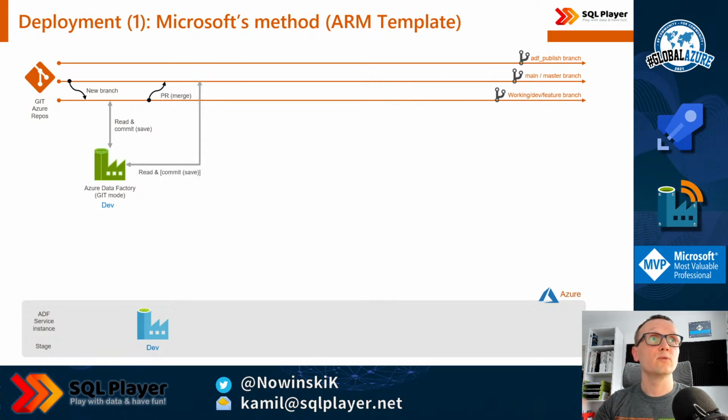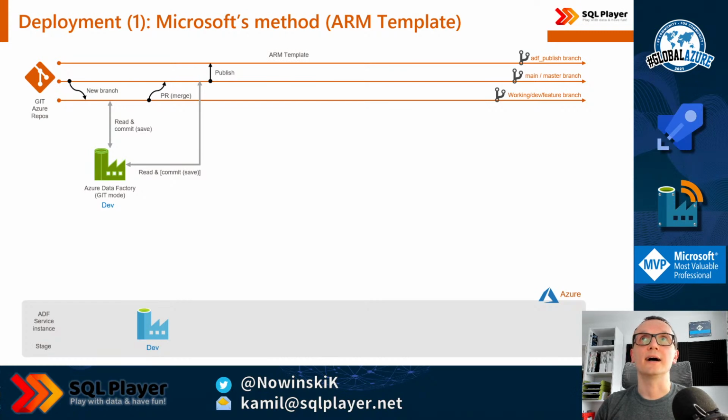Also, you can work in Git mode with Azure Data Factory directly on the master branch as well, because only the master branch allows you to deploy the whole code, deploy and publish that. And when we want to work with ARM templates, we have to click that publish button in the UI.